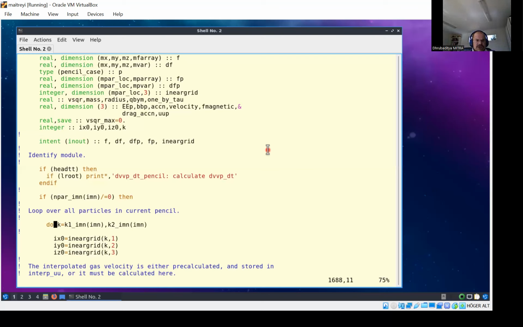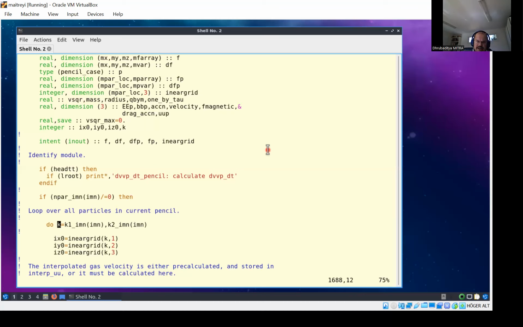But now look at what is being done. There is a loop over all particles in the current pencil. This routine is being called from the main loop I talked about. I will show you where it stands in the code, and then you see what is being done.